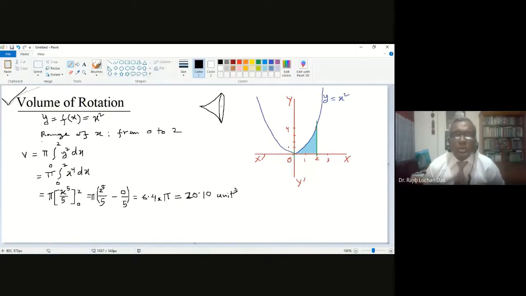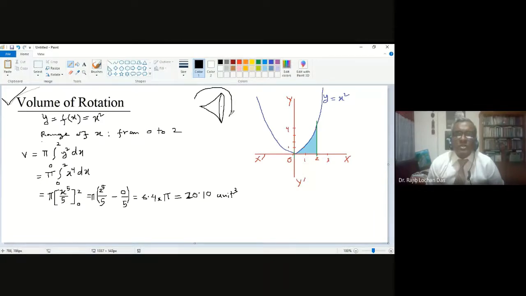So the volume calculation is easy, but my main focus of today's class is to make you understand volume of what shape, volume of what actually. So this is the understanding. 20.10 centimeter cube or inch cube will be the volume of this shape.